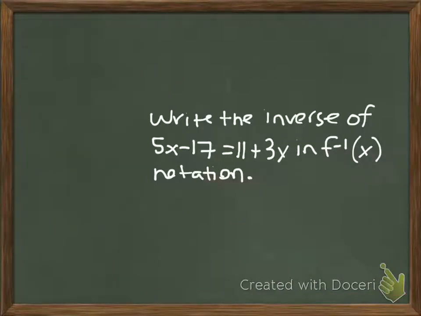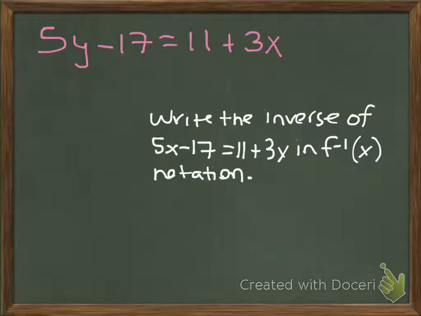And one more, write the inverse of this. So we're going to switch our x's and our y's, because right now we already have it in x and y form. So it's going to be 5y minus 17 equals 11 plus 3x. And we're solving for y. So we've got to combine like terms.